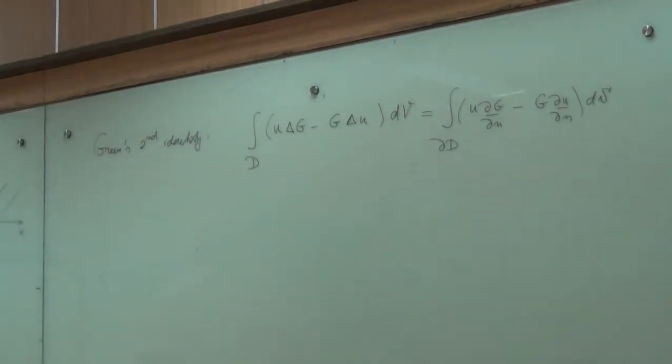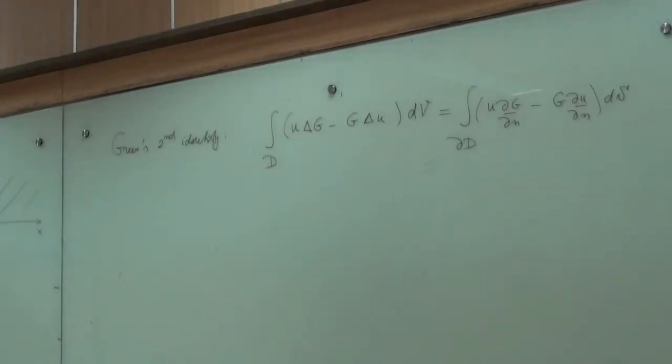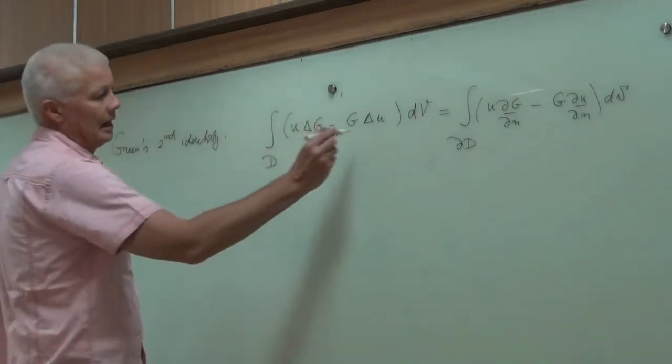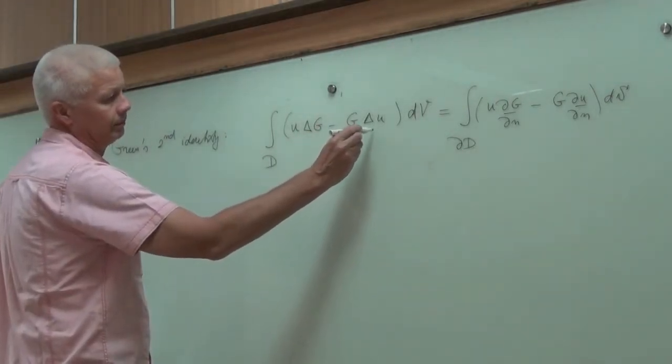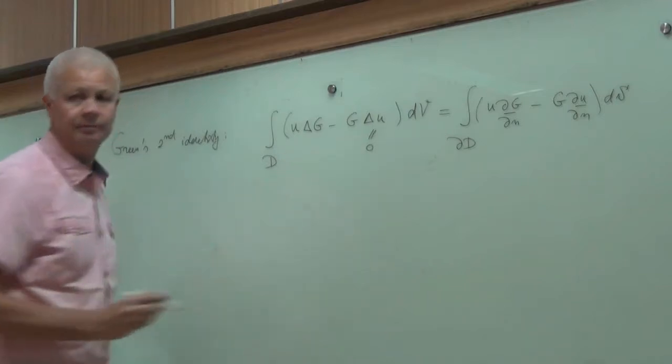And now I constructed a solution. So I now know not g, but I now know u. What do I know? I know this one, that's 0.